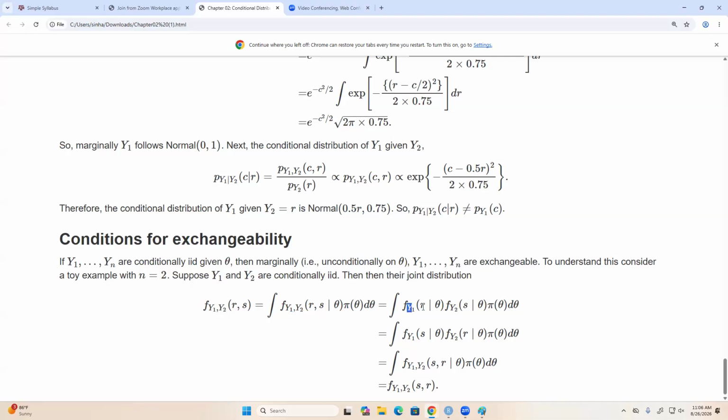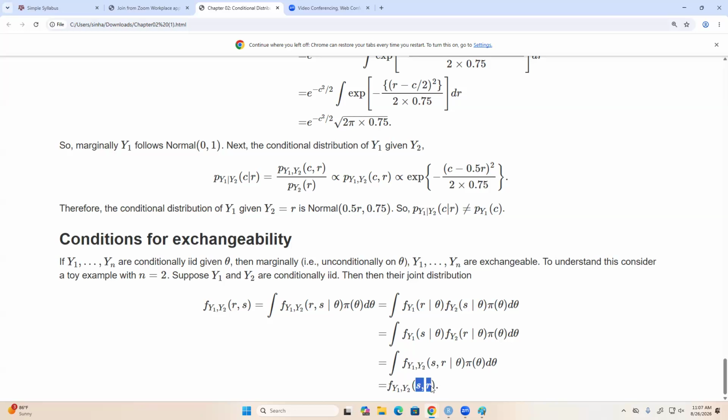That means you can break it up as follows: the density of y1 evaluated at r given theta and the density of y2 evaluated at s given theta, times pi theta. And because these are IID, I can switch the position of r and s. I just write s and r, and then write again the joint density of y1, y2 evaluated at s and r.